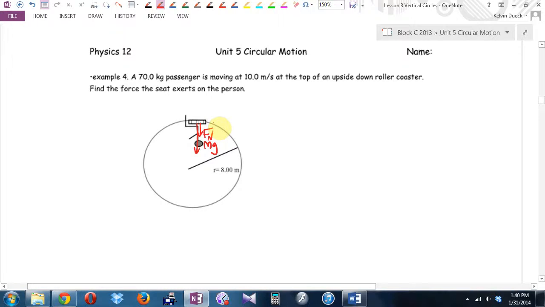And in fact, that's good because this question said, find the force the seat exerts on the person. What force are they really talking about when they ask that? Normal force. Who's winning? This time two of them are winners. Not a tie, because I don't think they're the same size, but two winners, no loser. I think my equation's going to look like this.